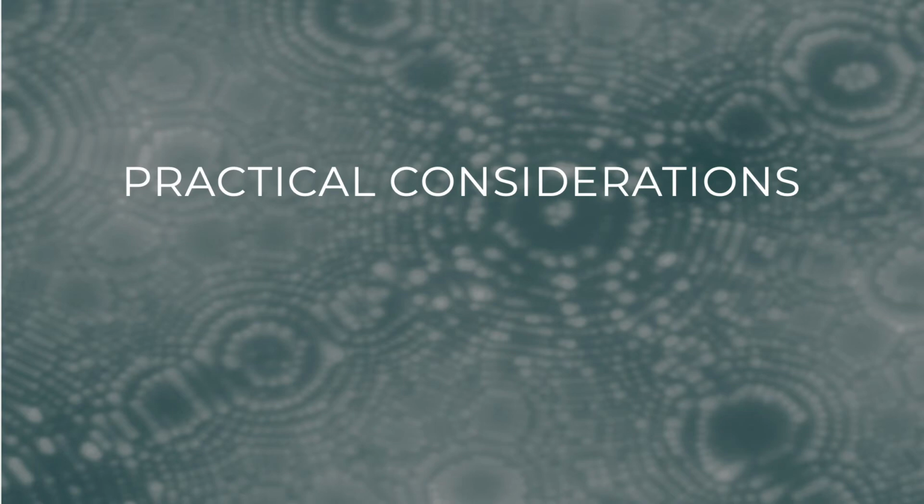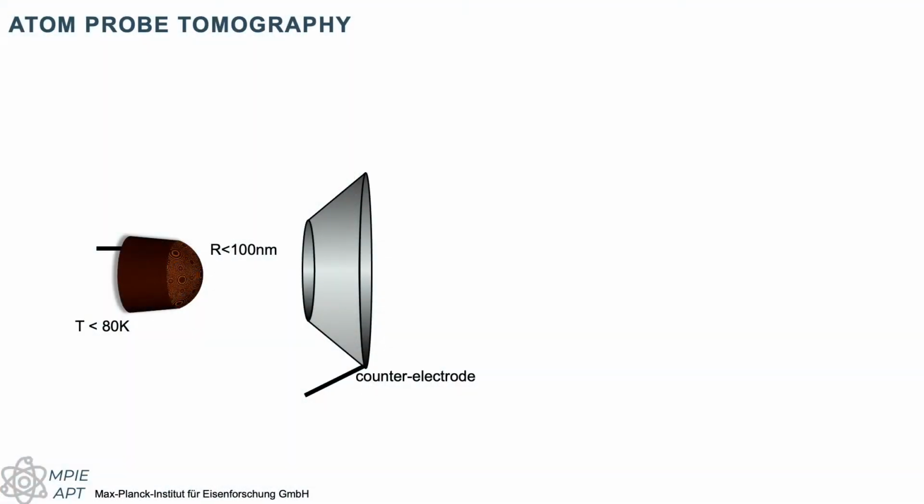Now for some more practical considerations maybe. So how does atom probe work? We have this sharp needle, and we place it in front of the counter electrode. The needle has a small radius of curvature. We maintain it at low temperature, which we can tune. Then we apply the high voltage, and it generates the high field all around the needle.